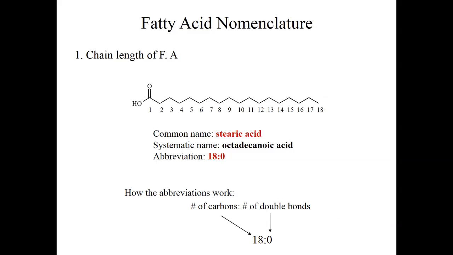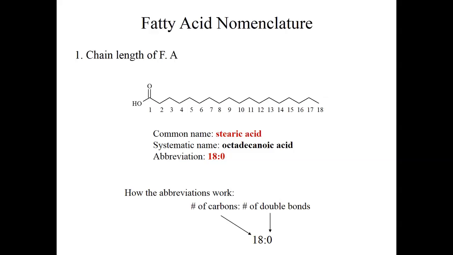All right. So we have your first fatty acid here, the stearic acid. Stearic acid has 18 carbons, okay? Again, it has this carboxylic group here. Now, the systematic name, the fact that it has 18 carbons, is called 18:0, which means 0 because it doesn't have any double bond, okay?